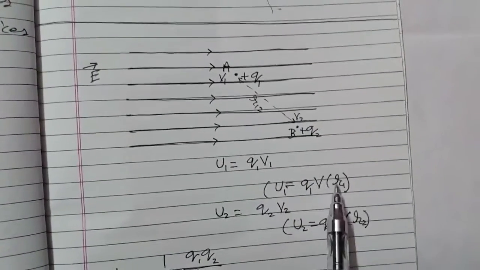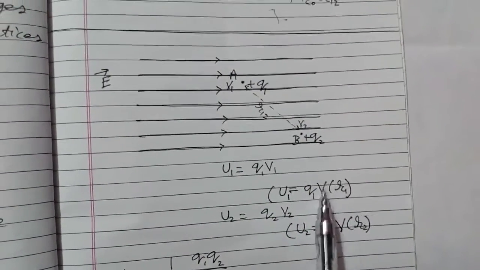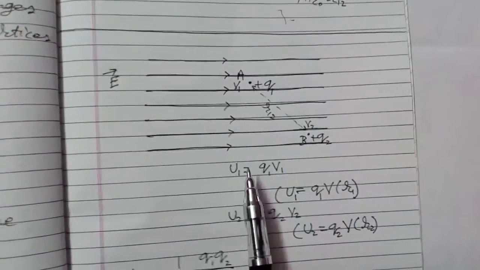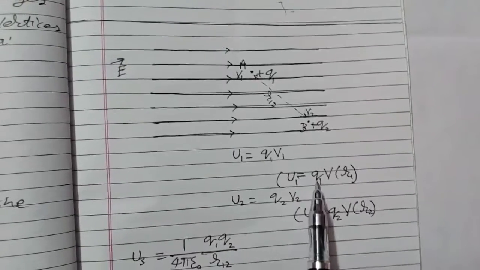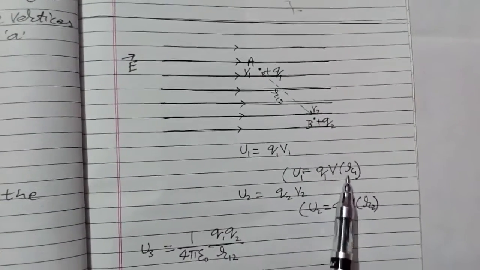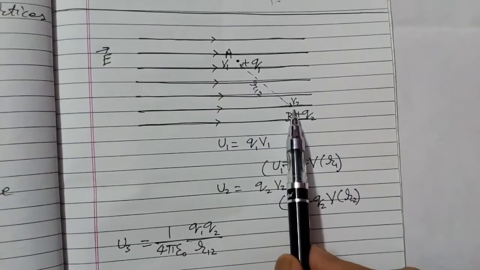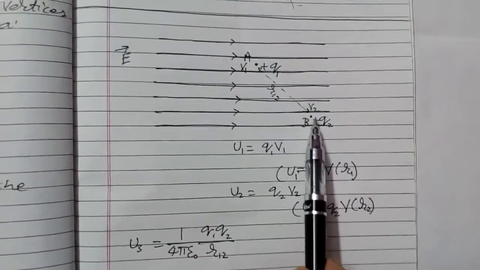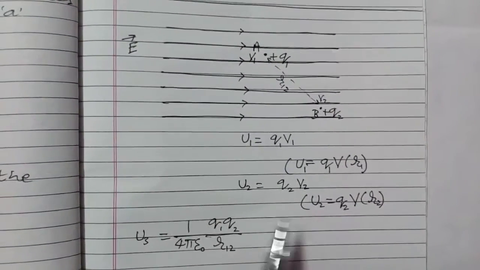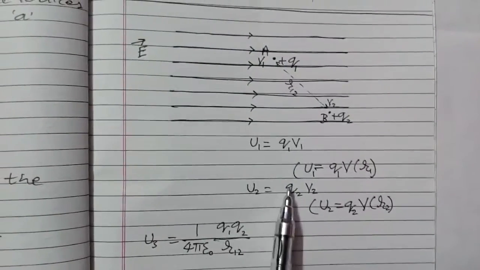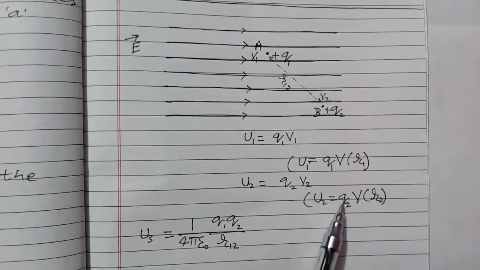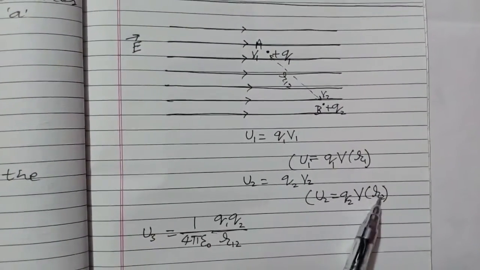It is not multiplication of r1 with V. This must be clear. So this is equal to q1 into V1 or q1 into V(r1). Now place plus q2 charge at point B. Suppose potential at point B is V2. So U2 will be equal to q2 V2, or U2 is equal to q2 V in bracket r2.